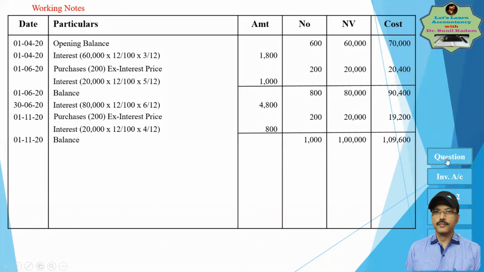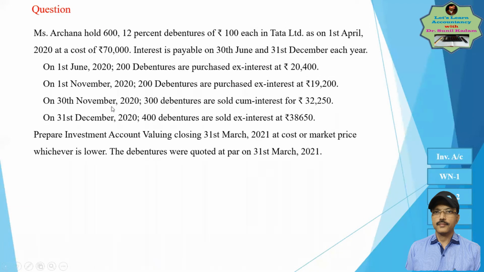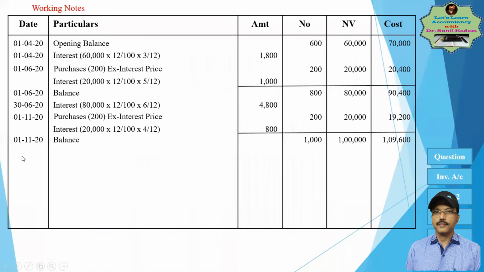Okay, now there is a sale on 30th November, 300 debentures, cum-interest price, and 32,250 is the sales amount. Let's find out profit or loss on it. On 30th November, sale 300, cum-interest price.